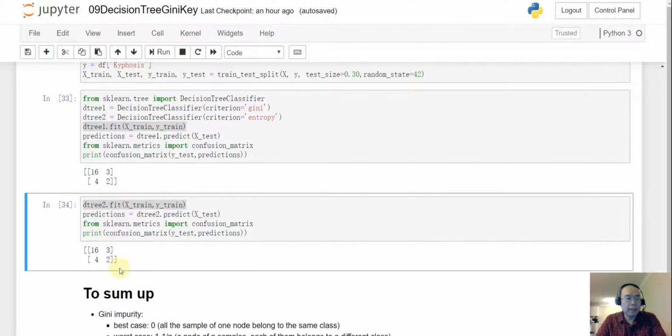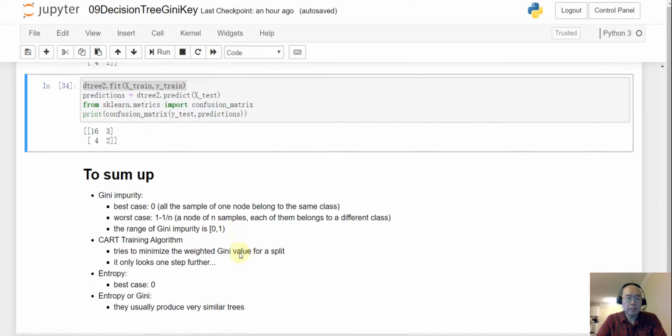It's likely that you will get the same results too, because usually it doesn't matter too much. If we are using Gini or entropy, we are going to end up with very similar decision trees or even the same decision trees.